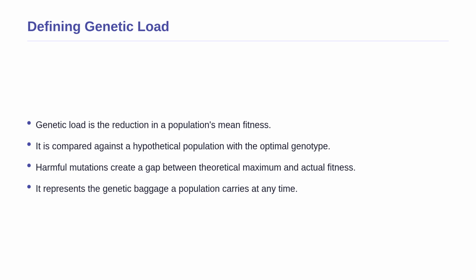The genetic load essentially measures this exact gap between the theoretical maximum fitness and the actual average fitness of the population. It is a quantitative way to express how much genetic baggage a population is carrying at any given time. Even with natural selection constantly at work, this gap always exists because new mutations continuously enter the gene pool.